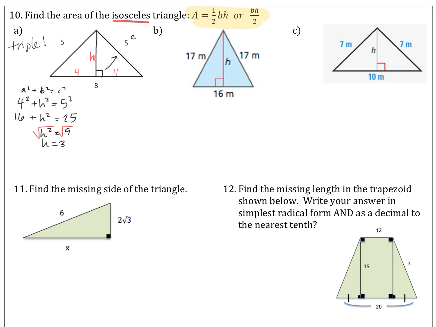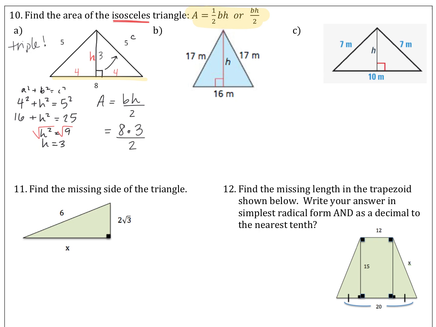You know now the height is 3, and so we can write that in. To find the area of a triangle, we do base times height divided by 2. What's our base? No, not 4. Oh, 8. The base is 8, the whole thing. So 8 times, what's the height? 3.